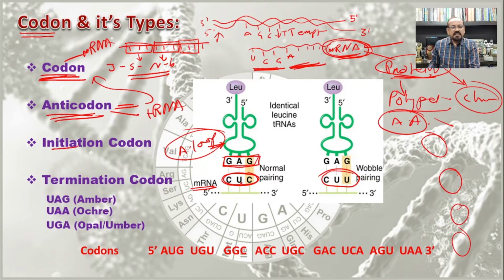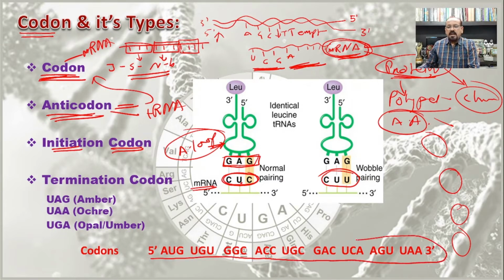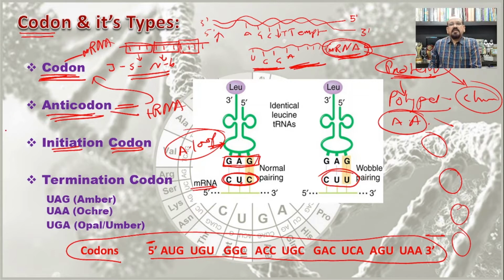When the protein synthesis initiates, there is need of a particular sequence on the mRNA. Say for example, this is the sequence of nitrogen bases on the mRNA, from the 5' to the 3', because earlier we have seen in the replication that the process is carried out in the 5' to 3' direction, and the same direction is used for the transcription and translation also, both of which we will see in the next lectures.